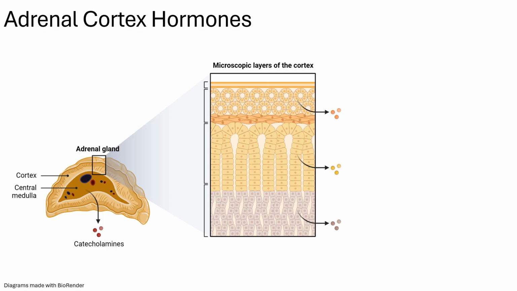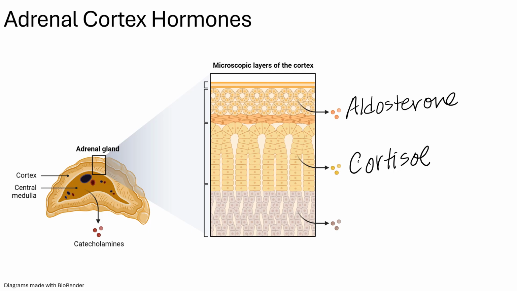The outermost layer, the zona glomerulosa, produces mineralocorticoids, which is a category of hormones, and it contains a hormone called aldosterone, which is going to be our example in this class for mineralocorticoids. And aldosterone targets the kidney to regulate blood pressure and electrolytes like sodium and potassium. The middle layer, the zona fasciculata, produces glucocorticoids. One main one is cortisol.